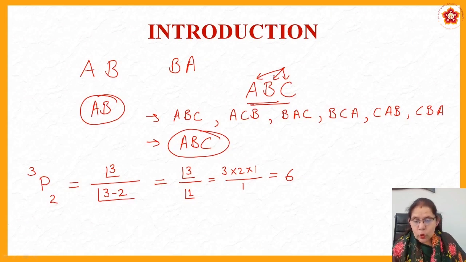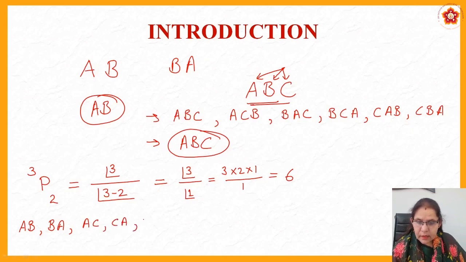So if we had to choose two at a time out of A, B and C, what would these 6 arrangements be? AB, BA, then AC, CA, then BC and CB. So these are the 6 arrangements.